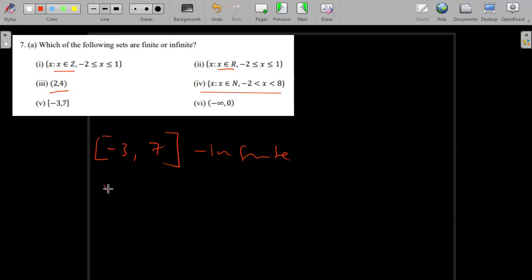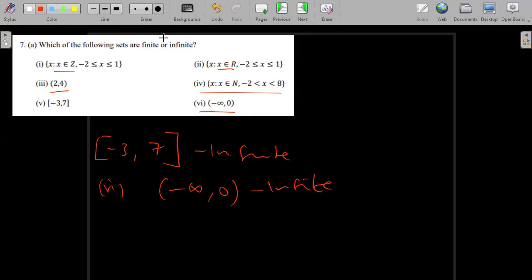And the same will apply to the last one, from negative infinity to 0. In between here, there are a lot of numbers, and this is going to be infinite because we can't count those numbers. So this is going to be an infinite set.